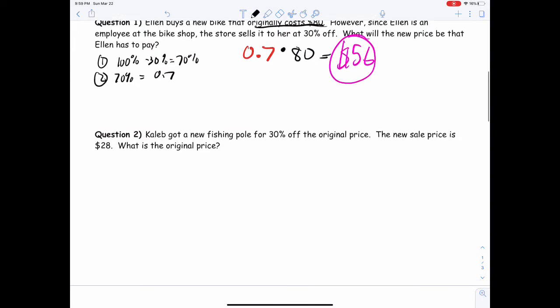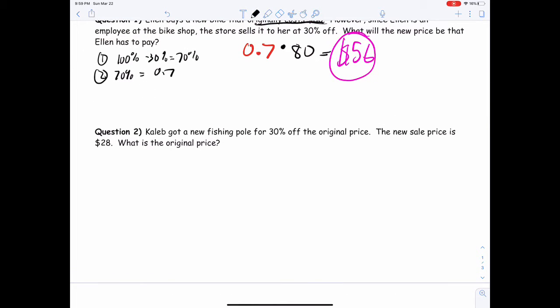Now though, I want you to look at question 2. Give that a read and think to yourself what's different about that. Okay, so in this question, we know that it's 30% off the original price. And basically at the store shelf, like, oh, sale, it's 28 bucks. And we know that it was 30% off. But do we know what it originally cost to bring it down to 28? We don't.